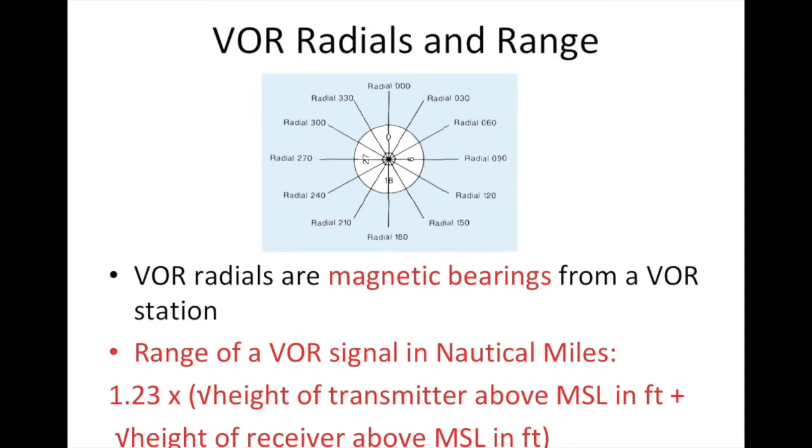First, calculate the square root of the height of the transmitter above mean sea level in feet. So you get a value. Calculate the square root of the height of the receiver, which is your plane, above mean sea level in feet. Add these two values up to get a sum, and multiply this by 1.23. That gives you the range of that VOR station that you are dealing with.